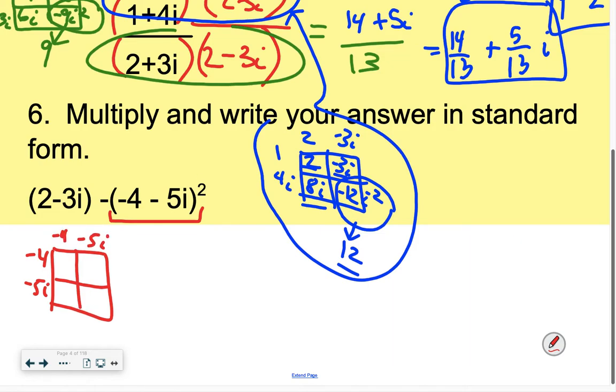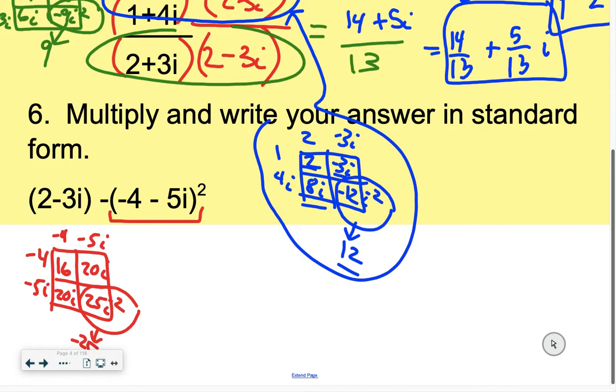You cannot just square this and be done. It doesn't work that way. You have to think of a binomial squared as negative 4 minus 5i times itself. So we get 16, 20i, 20i, and 25i squared, which again becomes negative 25.